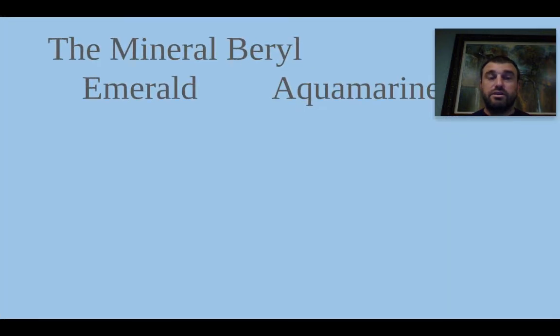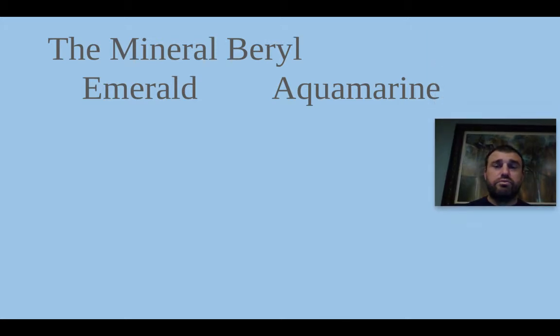And here's another great example. Emerald and aquamarine, 2 precious gemstones. However, even though in jewelry we classify them as 2 separate stones, in geology, they're actually the same exact mineral. The mineral is called beryl.